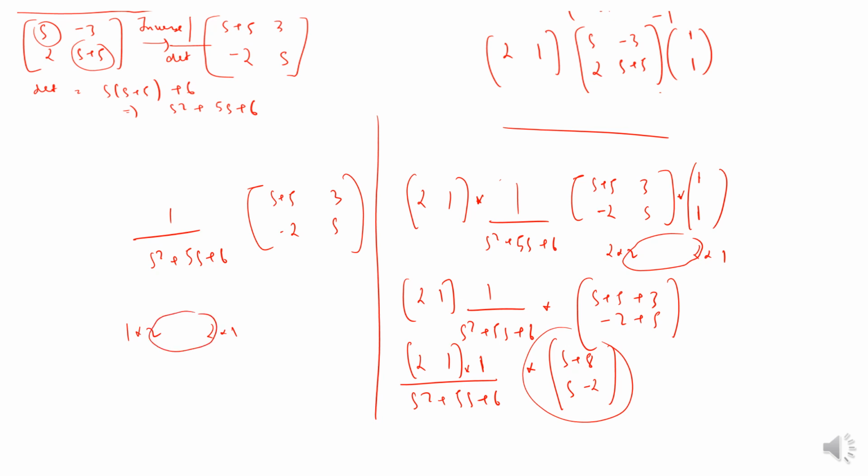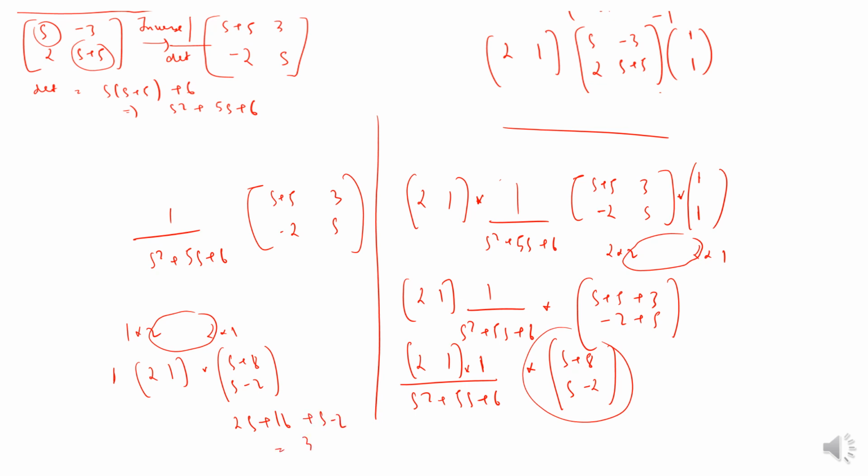So it will be the multiplication of 2, 1 into S plus 8 and S minus 2, which is 2S plus 16 plus S minus 2.